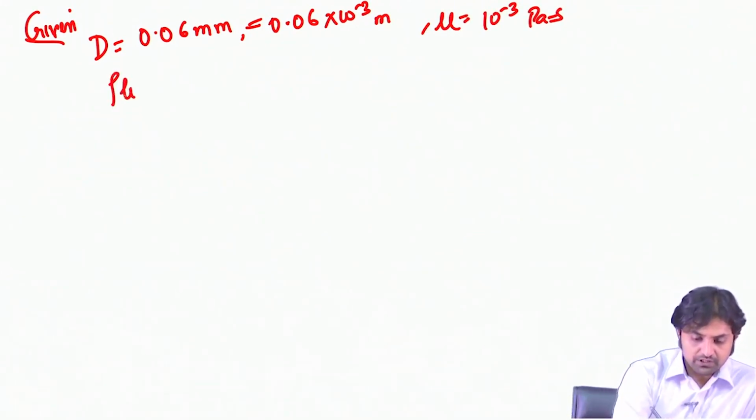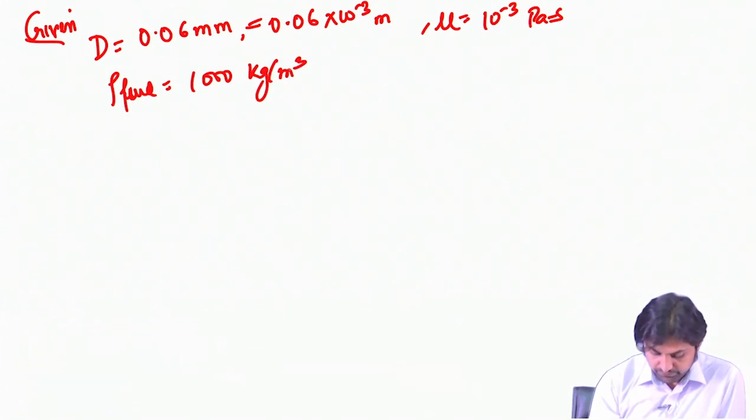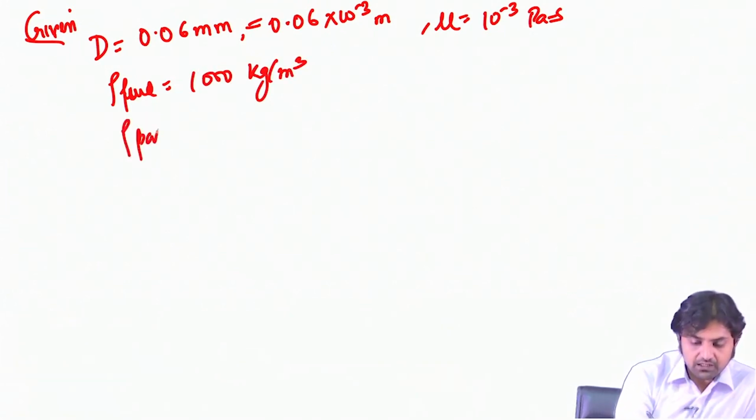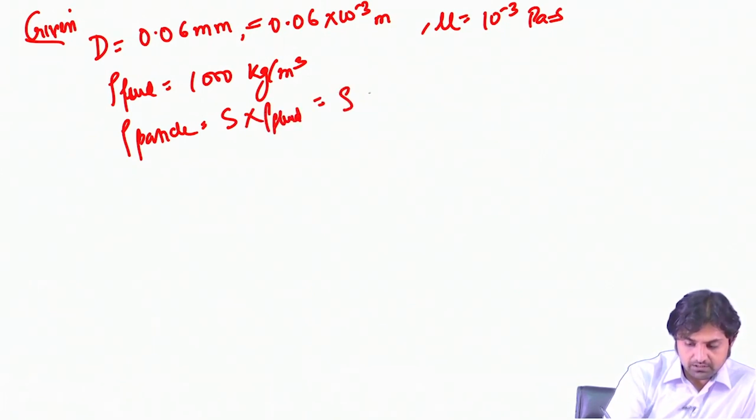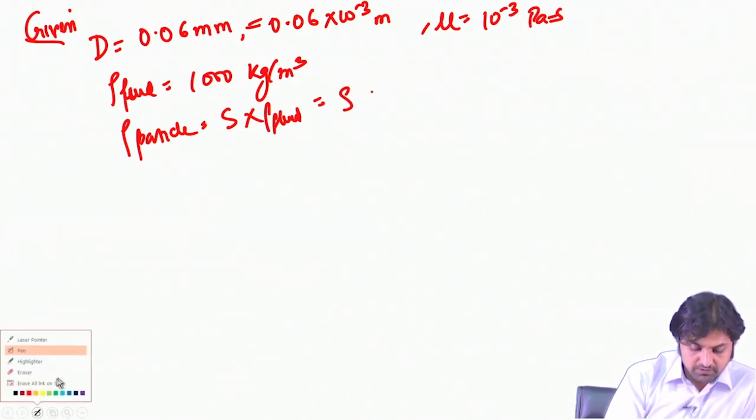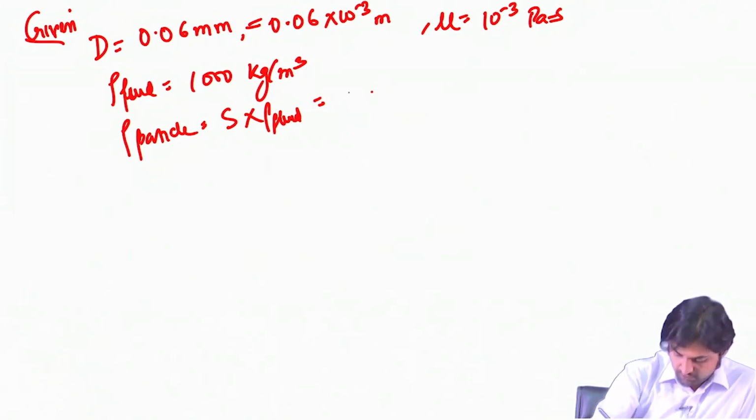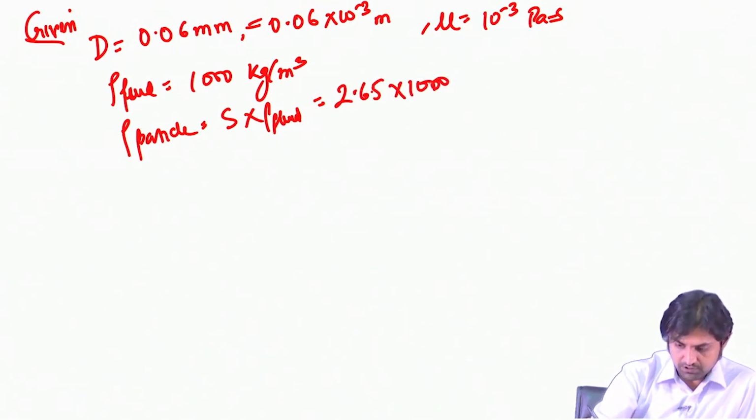Rho of fluid, because it is water, we can take 1000 kilogram per meter cube. Rho particle will be S into rho fluid. So S is given as 2.65, into 1000, and that gives 2650 kilogram per meter cube.